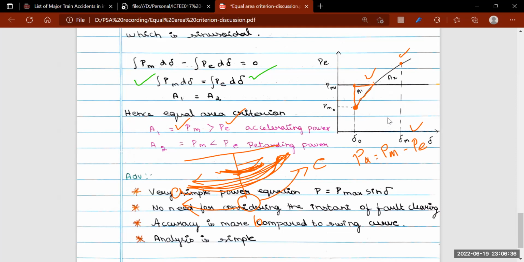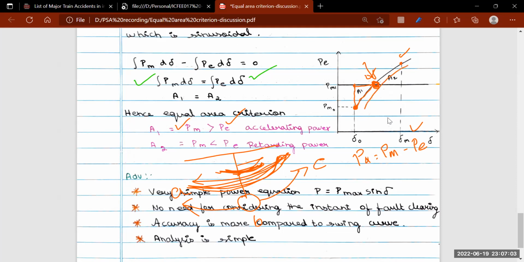So this is what actually happens in my machine also. Because of a fault, there is going to be an acceleration, and because of the acceleration, the rotor moves forward more and then backwards again, so there is going to be an oscillation about this equilibrium point.